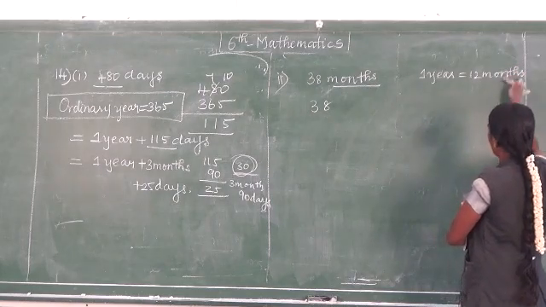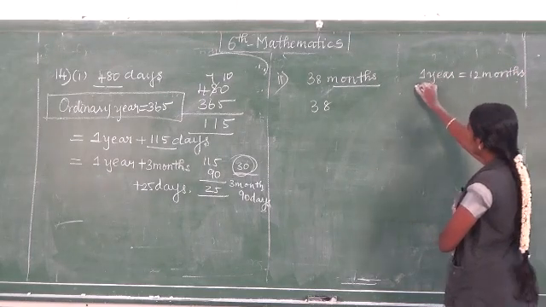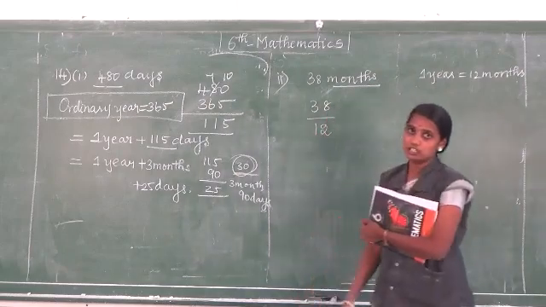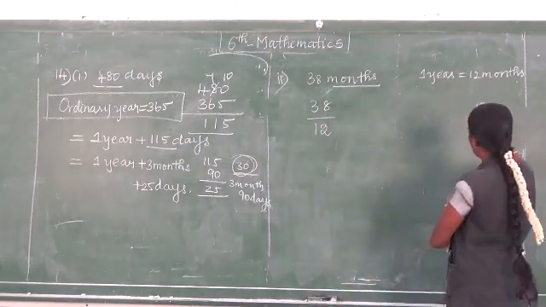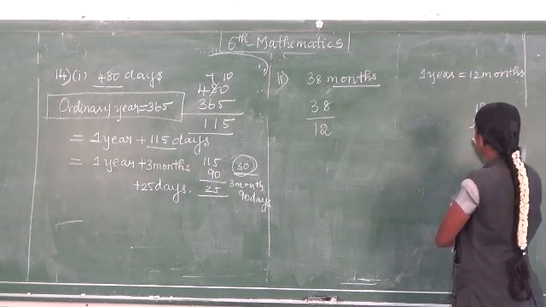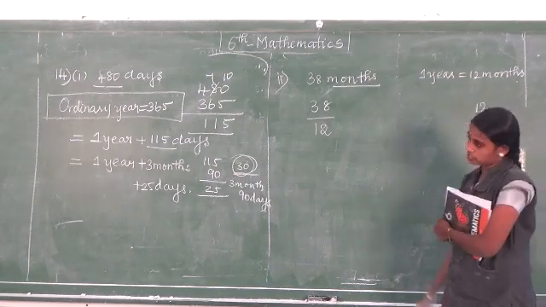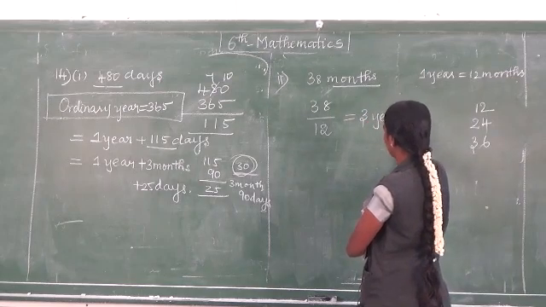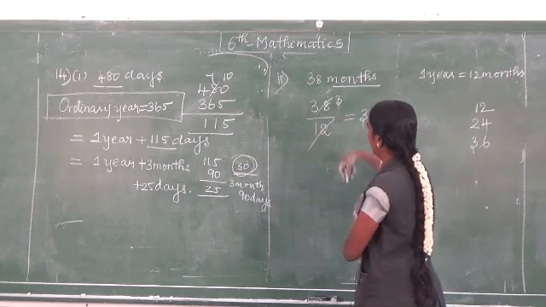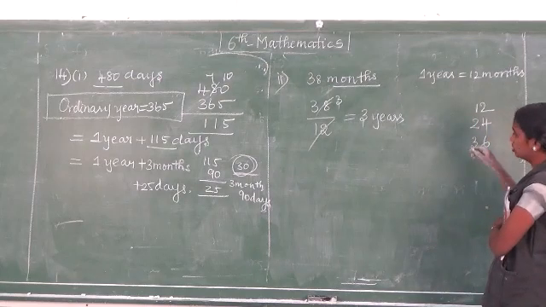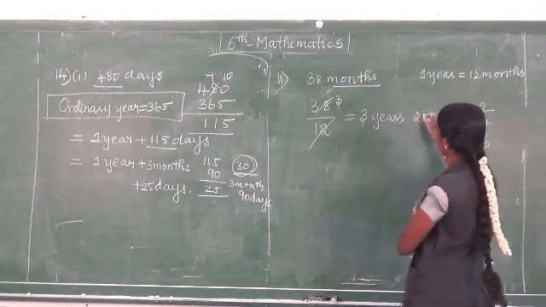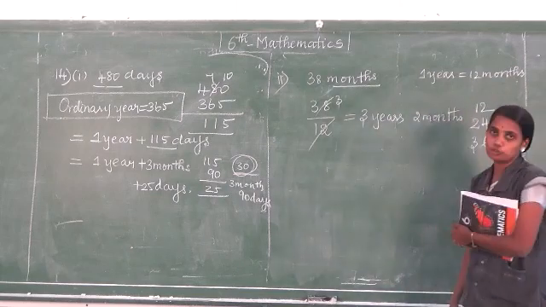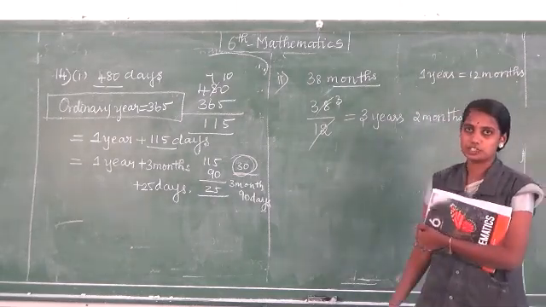We are going from month to year, so division, divide by 12. 12 ones are 12, 12 twos are 24, 12 threes are 36. So it will become 3 years, rounded off. The remainder will be 2 months. So the answer is 3 years, 2 months.